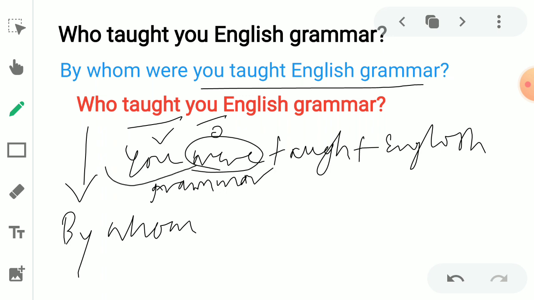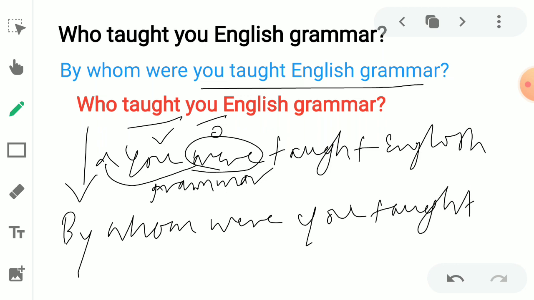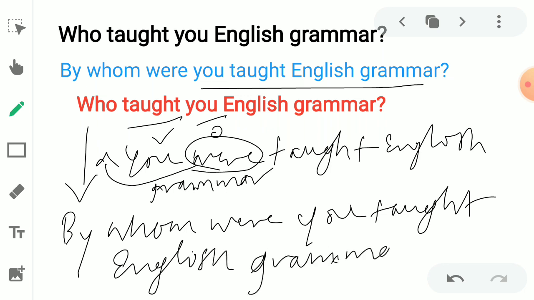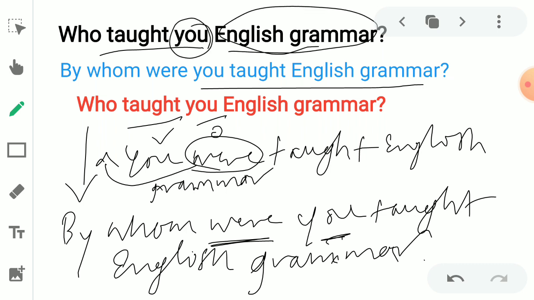Here you were is the helping verb. So take by whom were you taught English grammar. The only difference is were because of you form. Why? Because in this statement we have two objects, you and English grammar. That's why we have the difference, were, and in the first method, was. Just have a look.